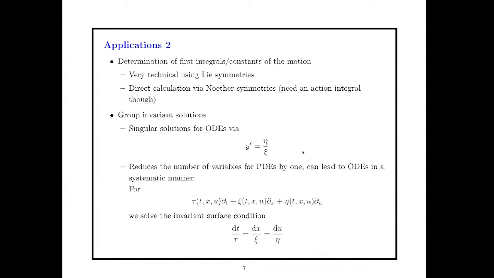An area of applications of symmetries that is perhaps ignored and not fully appreciated is the idea of group invariant solutions, particularly for ODEs. What is nice about this particular approach is that it obtains singular solutions for ODEs. So in addition to reducing the order of the equations using symmetries and obtaining the general solution, or at least reducing the ODE to quadrature, you can also obtain singular solutions of ODEs, provided you can solve this particular equation here, y prime equals eta over psi.